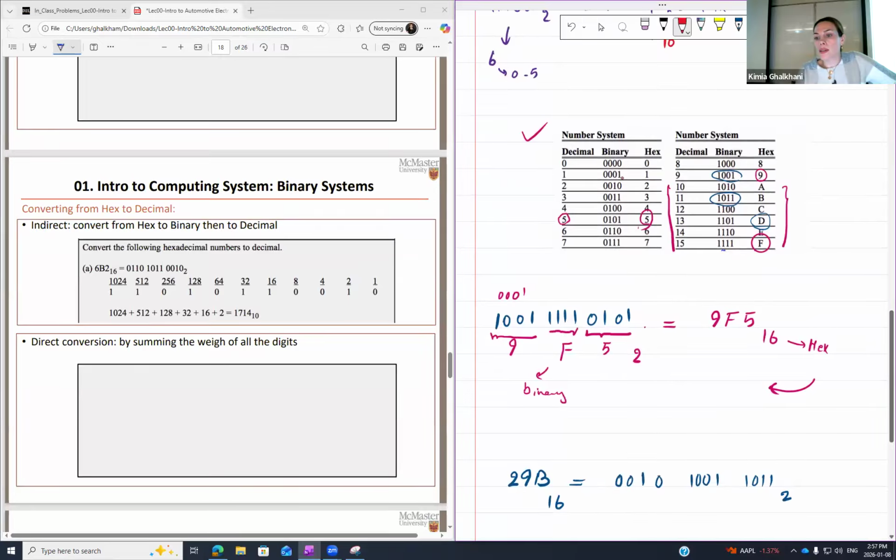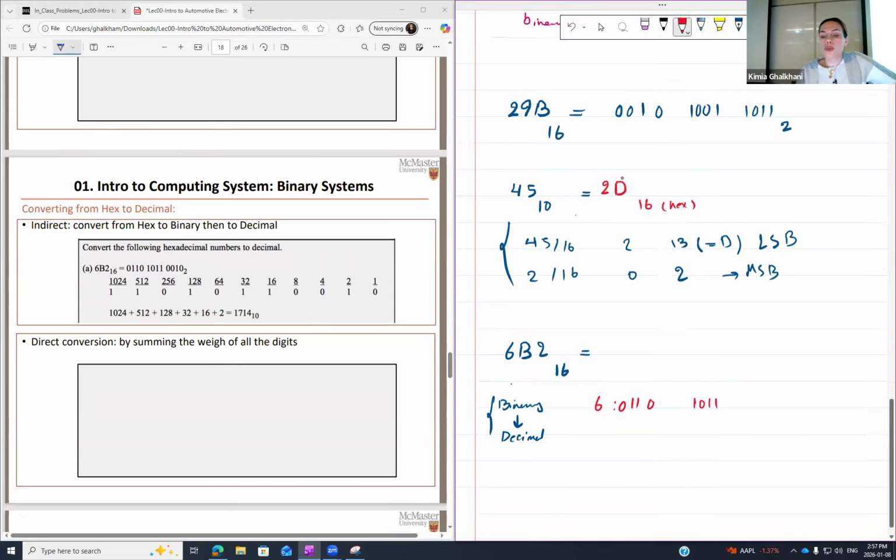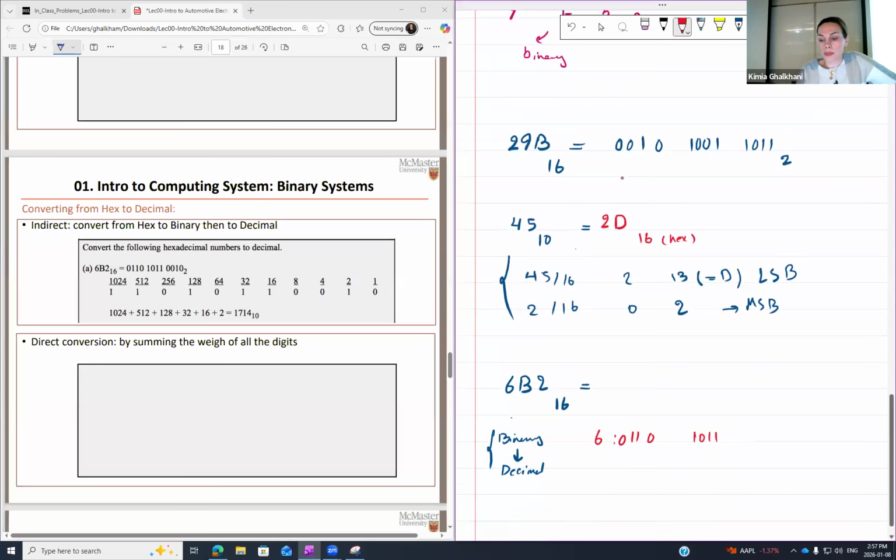B in binary is 1, 0, 1, 1. How about 2? 2 in binary is 0, 0, 1, 0. So I'm going to put 0, 0, 1, 0. I'm going to remove this. So this is the binary.